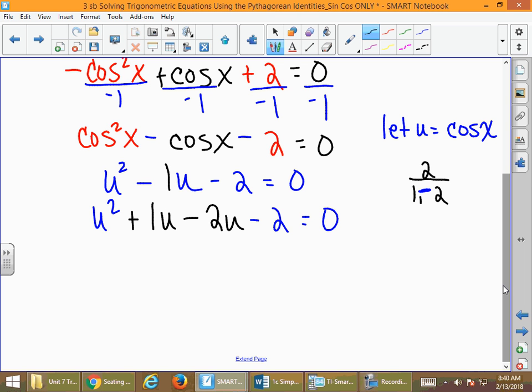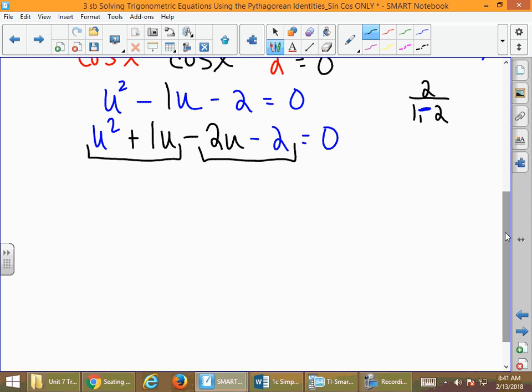We're kind of limited because our functions on the unit circle only have certain values. But now what happens is we've got this group and we've got this group. So our greatest common factor is u, and we get u plus 1. Watch out, because we're factoring out this minus here.